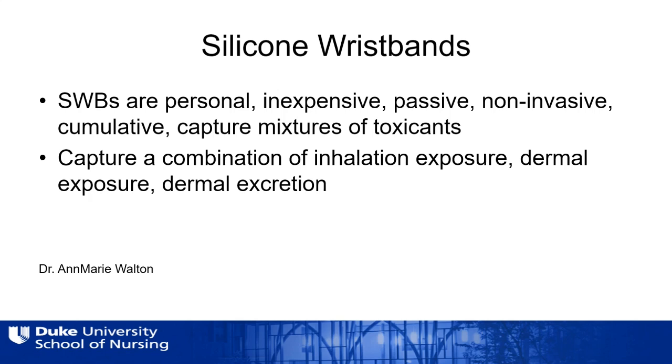They assess cumulative exposures, and a mixture of toxicants can be analyzed and determined. They capture both inhalation and dermal exposure. In this video, Dr. Walton goes through the pros and cons, how they work, what they're useful for, and how they compare to other measures. So it gives you a good overview of silicone wristbands.